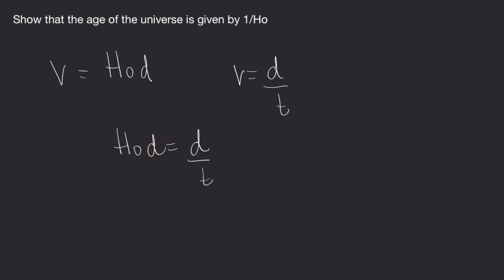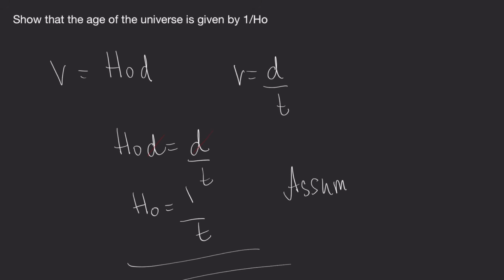Now we can cancel out the distance, and what we get is that Hubble's constant is 1 over time, i.e. 1 over the age of the universe. The reason why we can apply this equation is because we are assuming linear expansion. And this question often asks about the assumptions as well.